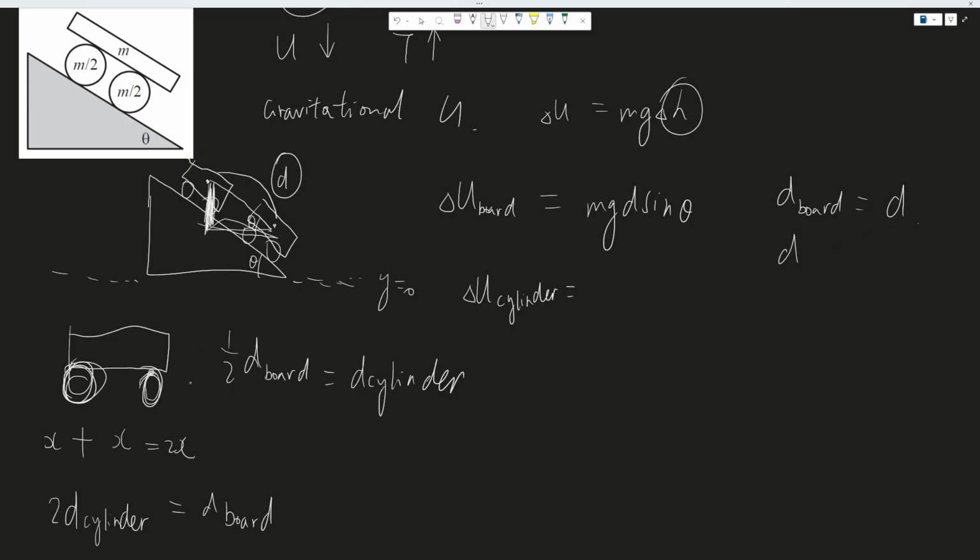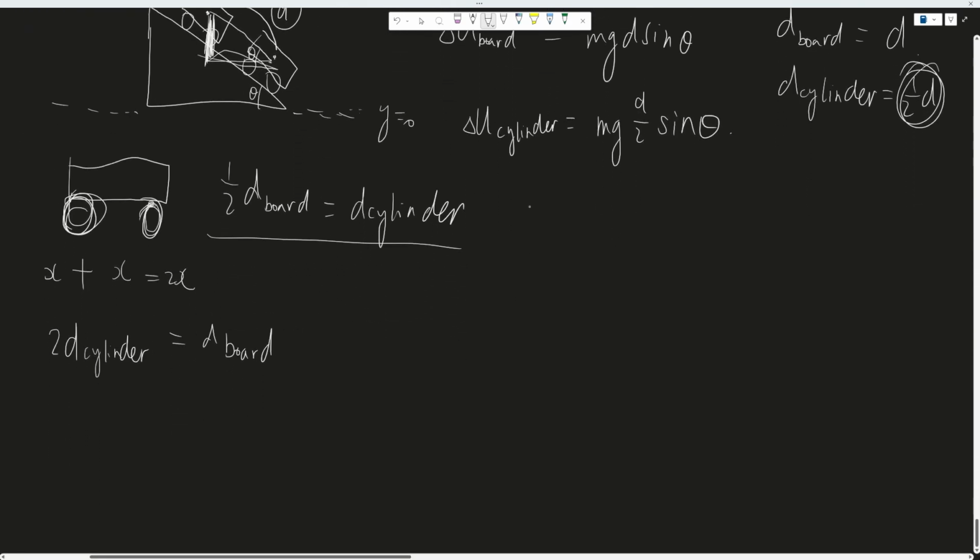And so by this formula, the displacement of the cylinder is half that distance. Just to explain it again, if one cylinder moves half d, we have two cylinders, and both cylinders move by half d, and together they make the board move by d. And so for the changing potential energy of one cylinder, we have mg half d sine theta.